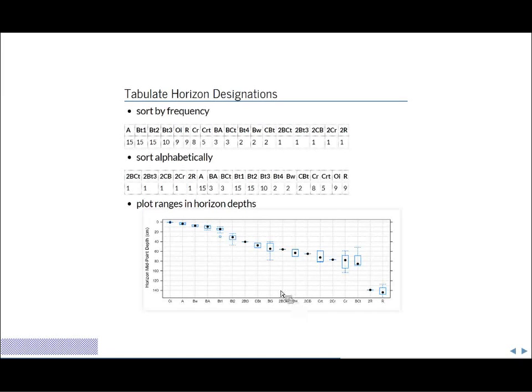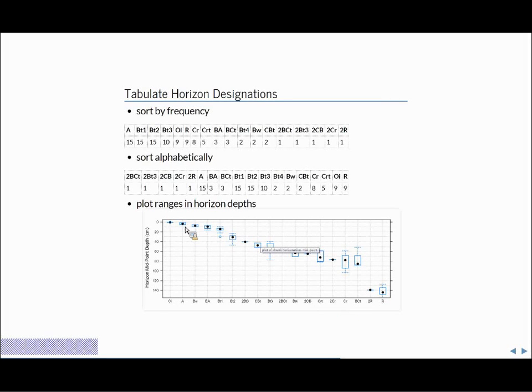So we can see here, well, it looks like that set of CBT horizons overlap in depth approximately with these BT3 horizons. That gives me an idea that these two may be candidates for correlating together if I have additional information to support that. Same with this 2CR and CR. Well, maybe I should investigate that lithologic discontinuity. Is that real? What's that all about?